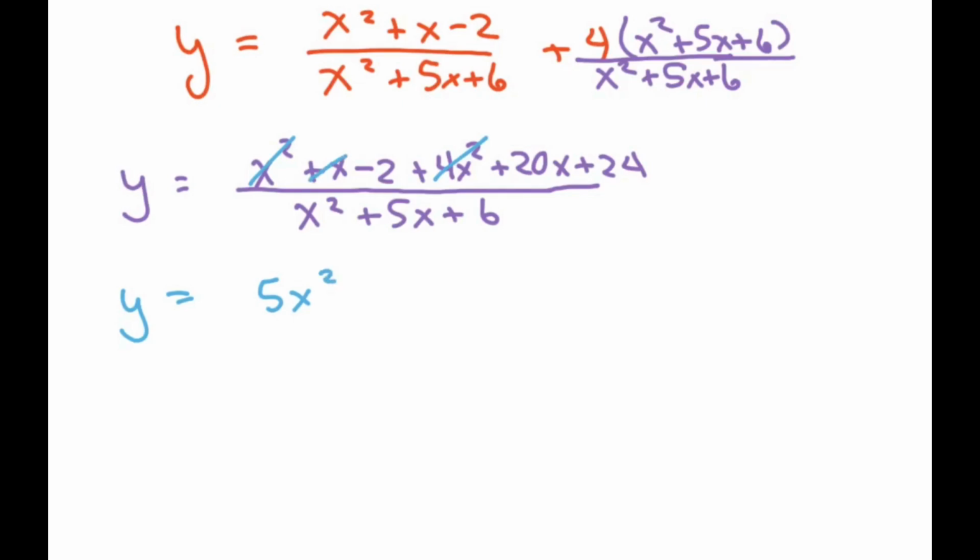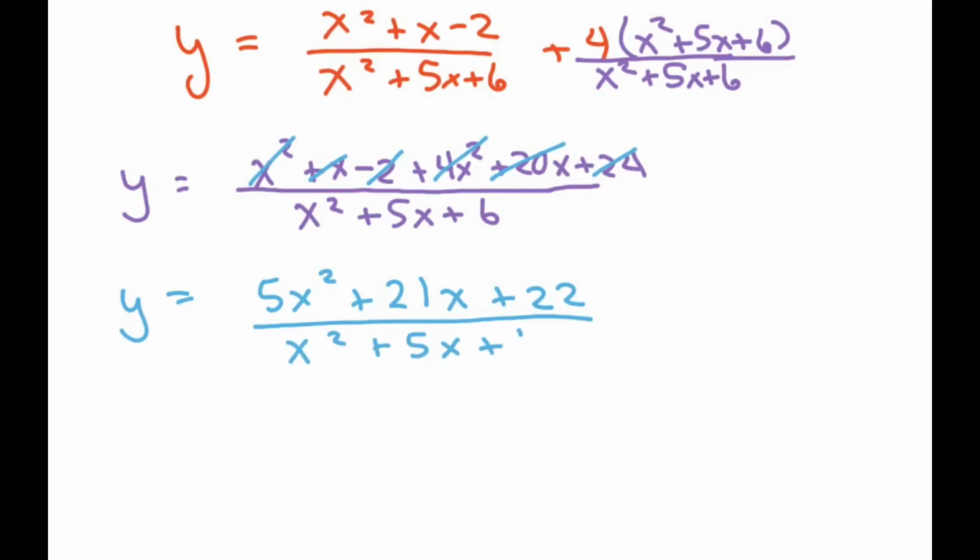My x's, that's going to be 21x. And these two is going to be 22, over x squared plus 5x plus 6.